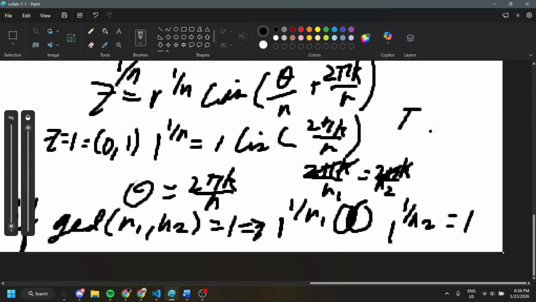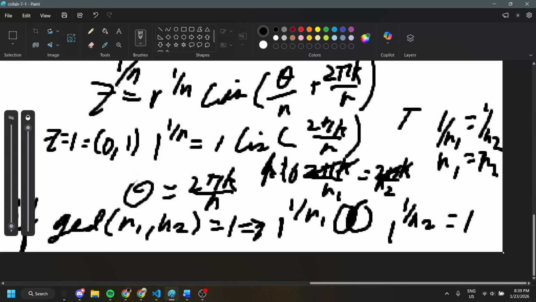So it's only if 1 over n1 is equal to 1 over n2, only if n1 is equal to n2, can we show this is true? Yes, I think so, because the only thing we're doing would be if theta is equal to 0, which is if k is equal to 0, and we're dividing by k, so we're assuming k does not equal 0. So then we can only assume that they're the same if n1 is equal to n2. But we know that's a contradiction, that's not true.